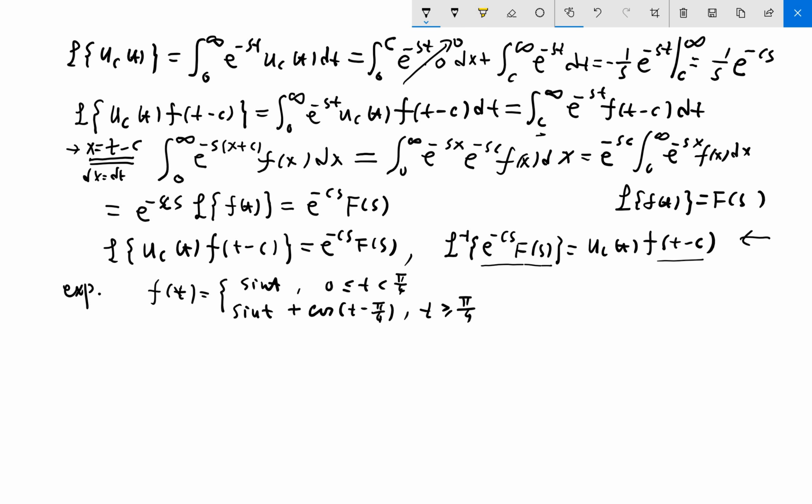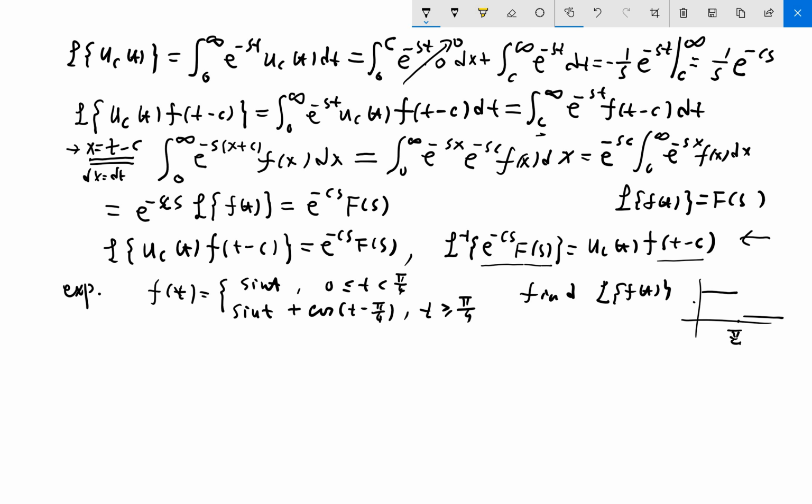So this function has two pieces. First of all, we want to find its Laplace transform. The first thing we need to do is write it with step functions.